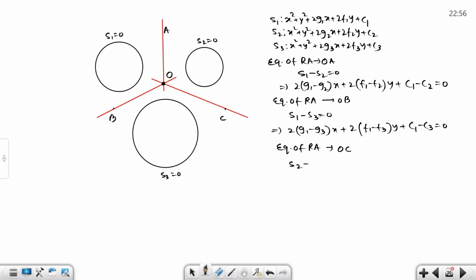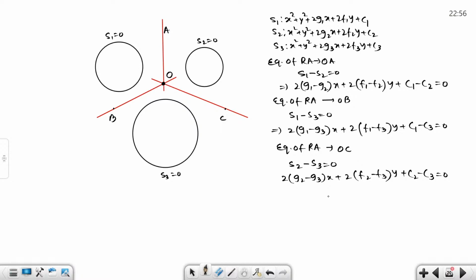So if we do S2 minus S3, we are going to get the equation of the radical axis OC. So let me do it. Are you getting the point? So these are the 3 equations of the radical axes. Now we have to prove that they are concurrent.